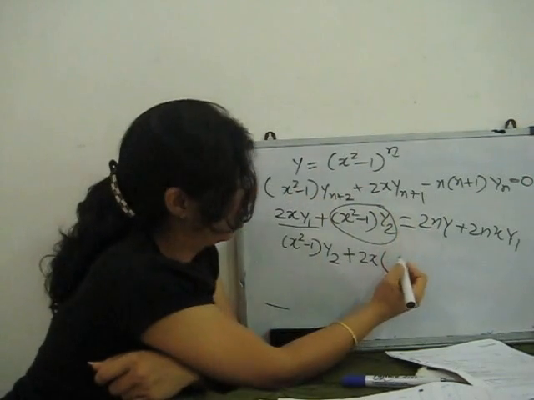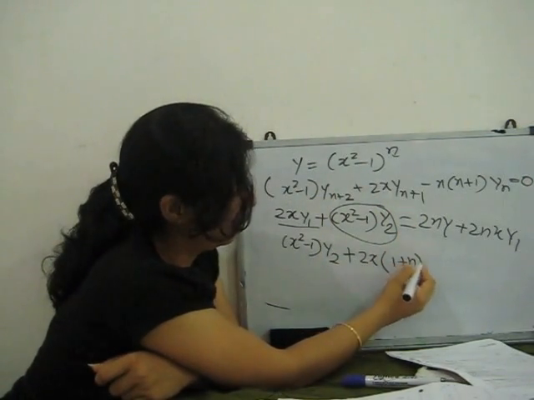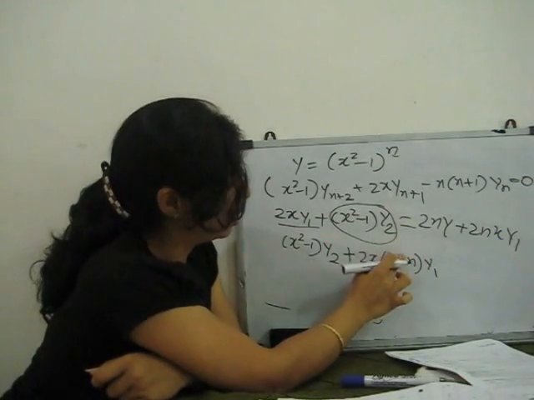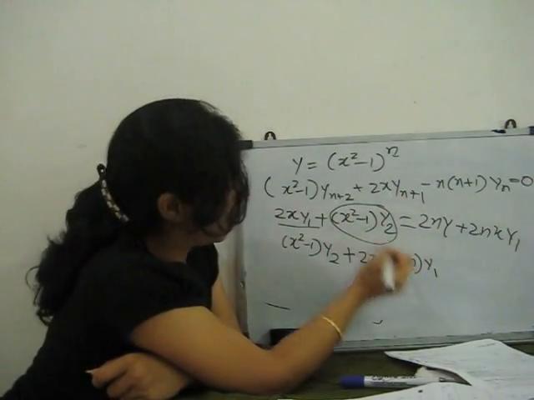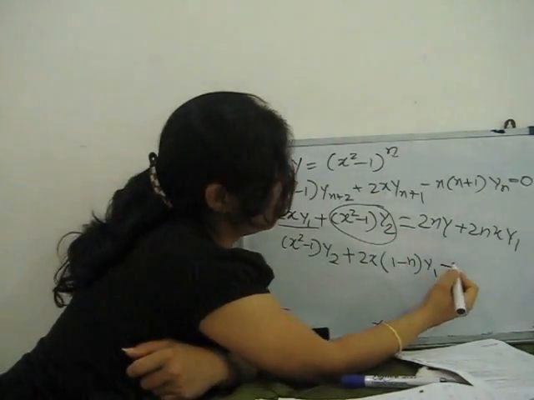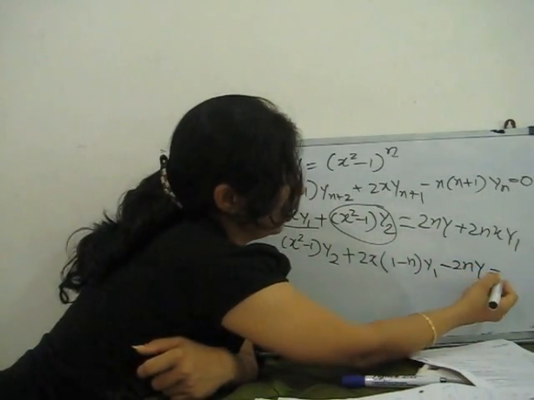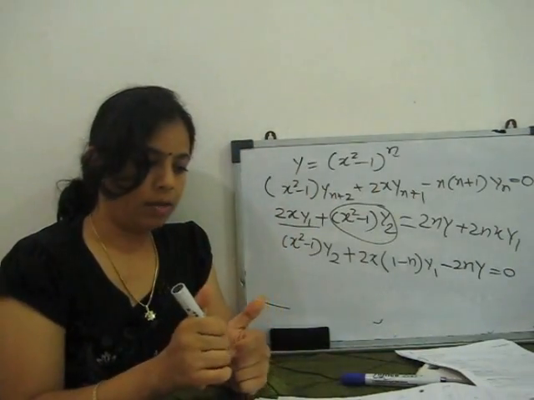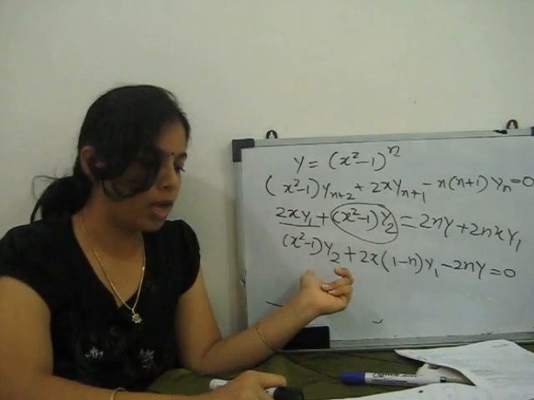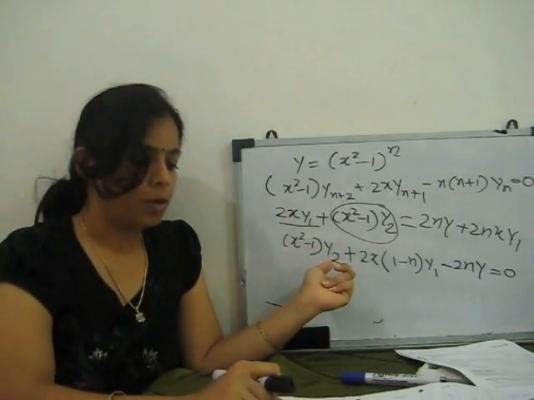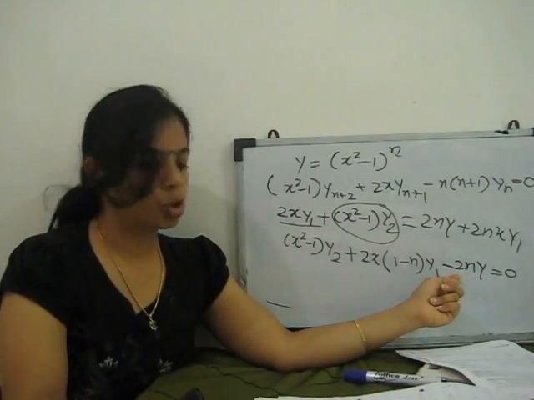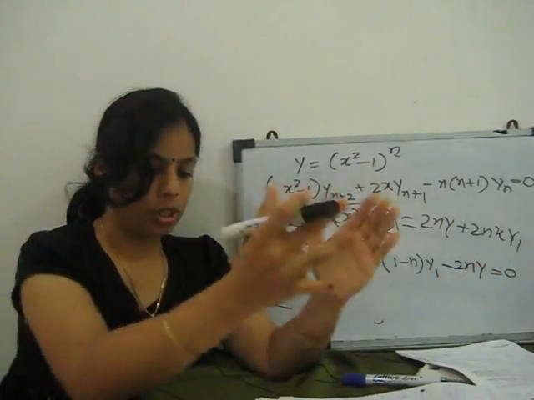Sorry, 1 minus n, this comes to this side. Next is minus 2ny equal to 0. So our equation is this one: (x square minus 1) y2 plus 2x (1 minus n) y1 minus 2ny equal to 0.